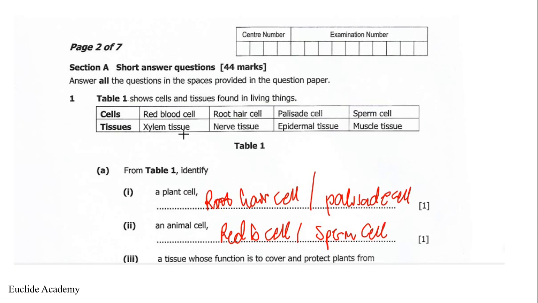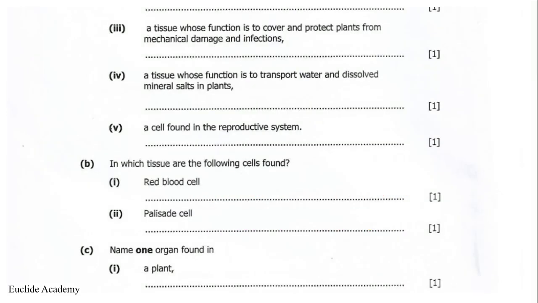We did talk about this in the lesson on transport, where we talk about the function of xylem tissue. The nerve tissue is not even a plant tissue. The muscle tissue is not even a plant tissue. So we've got the epidermal tissue, the one which covers and protects. This will be the correct answer for question 1A3: epidermal tissue.